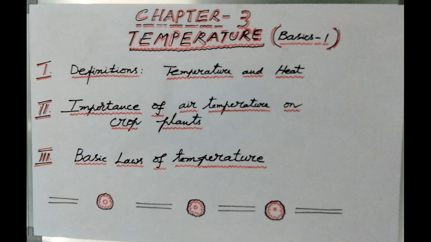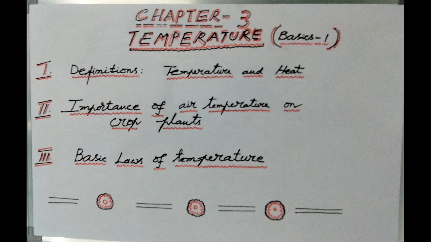Temperature is that characteristic of a body which determines the direction of heat flow by conduction. Heat measures molecular activity, temperature measures average energy. So, these are the basic differences between temperature and heat.